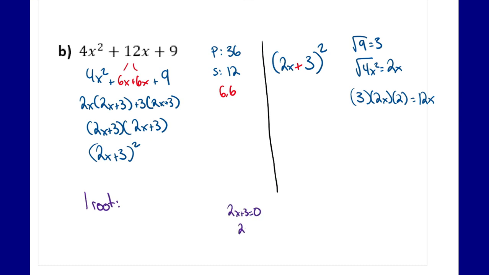Move the 3 over. 2x equals -3. X equals -3 over 2. So again, I have one root, because if I was to do the same step with the other bracket, because it's the exact same bracket, I'm going to get the exact same answer. So the other bracket would be -3 over 2 for my one root.